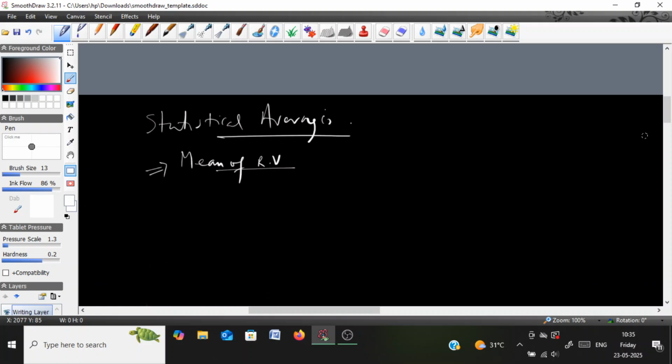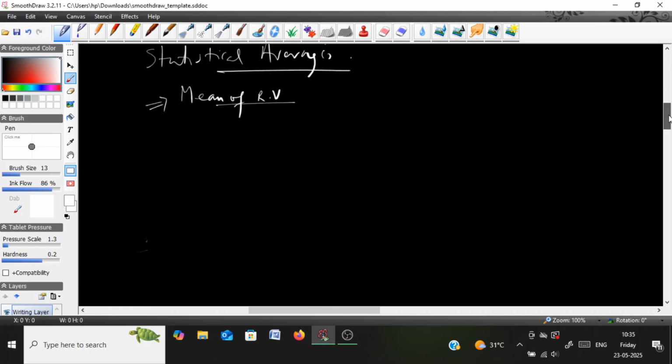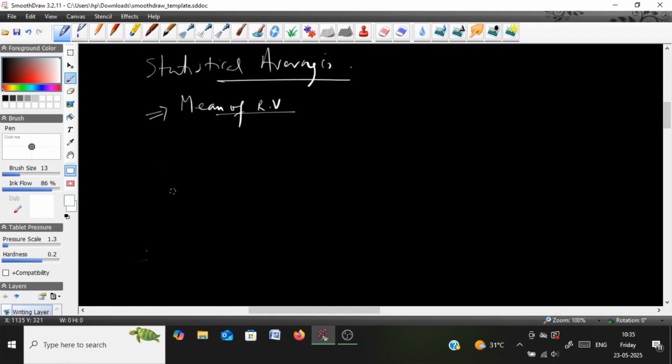Okay, so as an example, suppose in the example of rolling a die, you have 6 possible outcomes. Okay, the numbers 1 to 6, any number can appear on the dice.